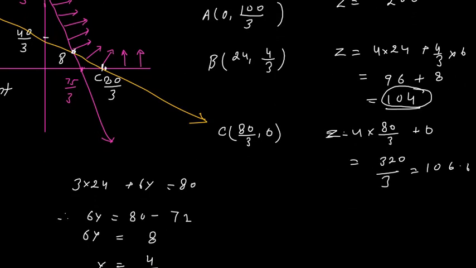So let us see what is the criteria to find the minimum or maximum value when the feasible region is unbounded.